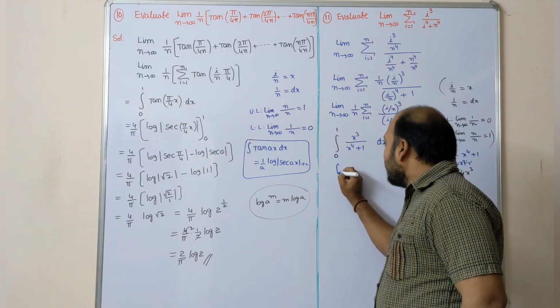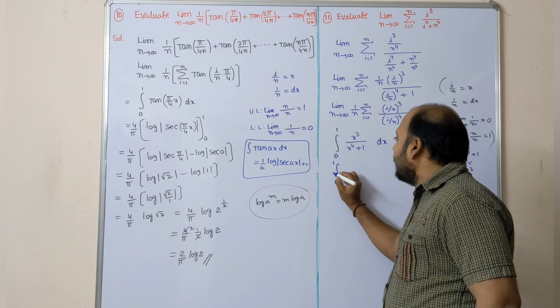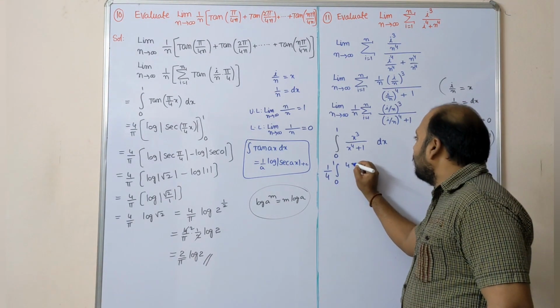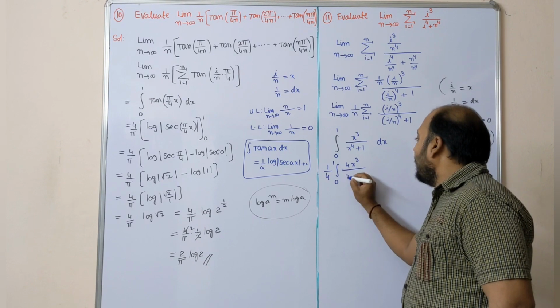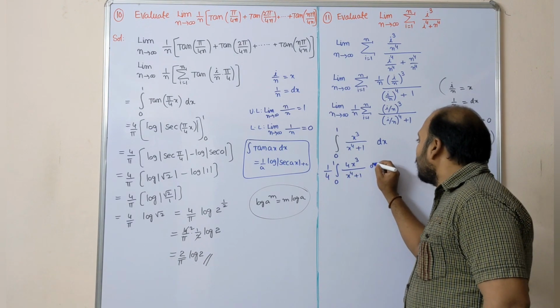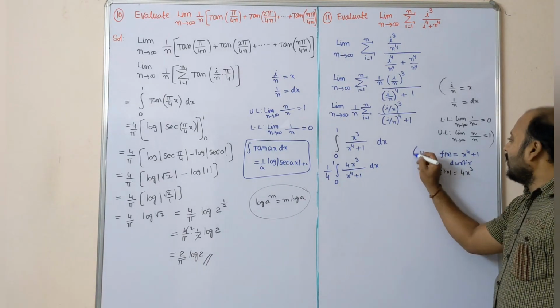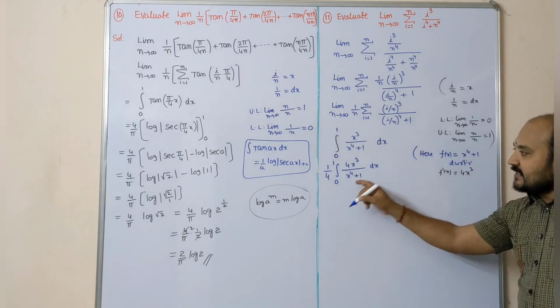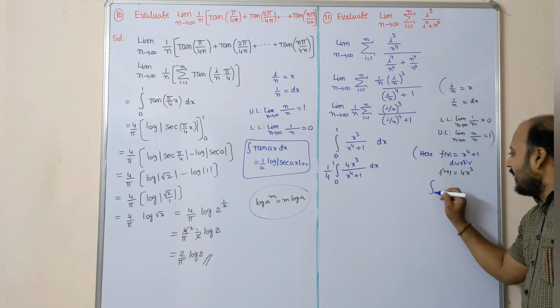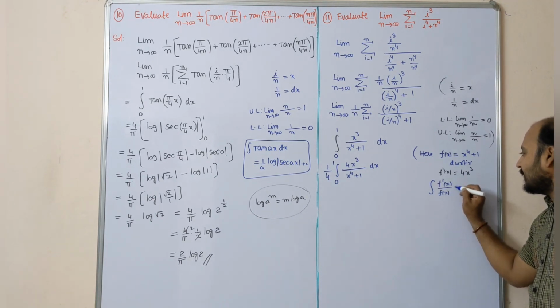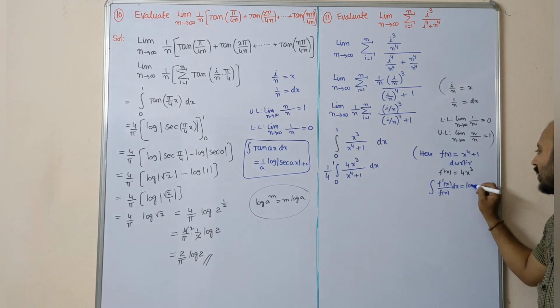So in the next step, integral 0 to 1, here dividing by 4, here multiplying by 4, by x power 4 plus 1. Why are we doing it like this? If you do it like this, the integral is of the form integral f dash of x by f of x dx, that means log mod f of x.